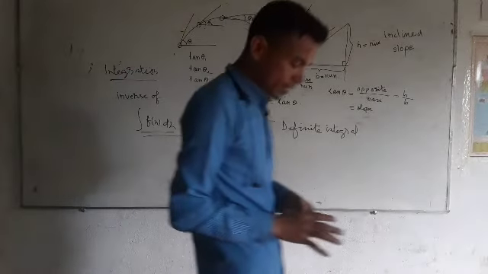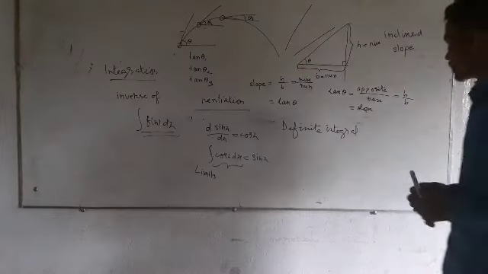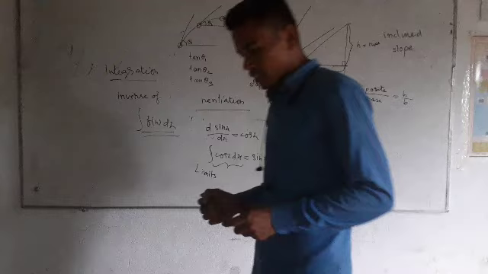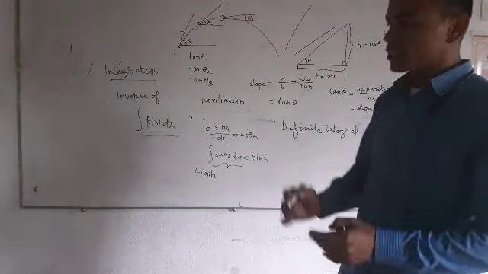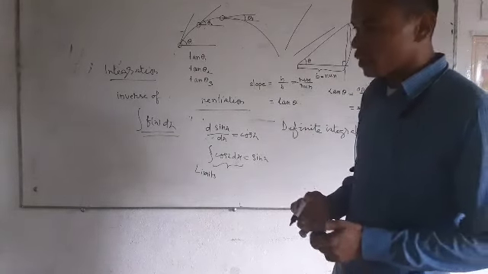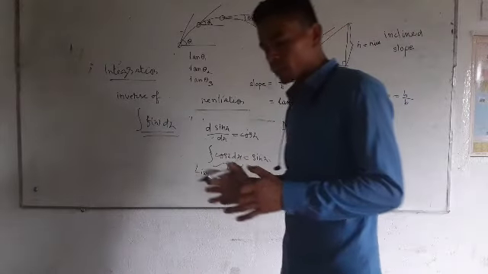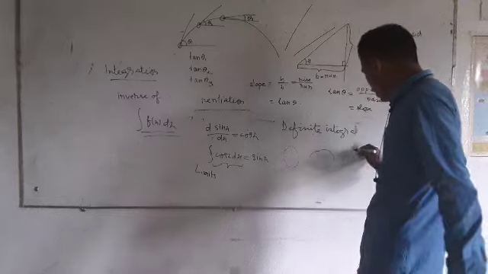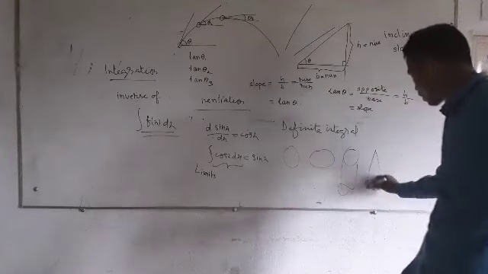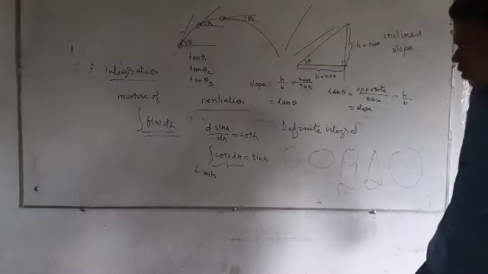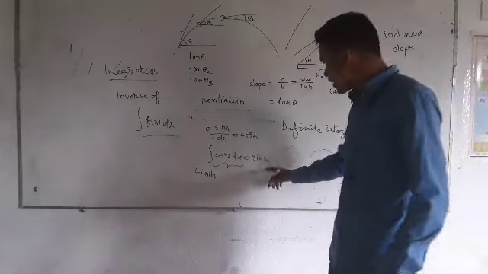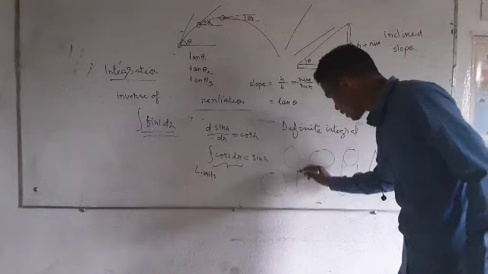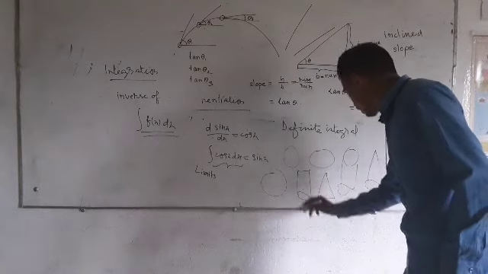Definite integrals are useful in finding areas of circles, ellipses, surface areas of cylinders, cones, spheres, etc. And the definite integral is also useful in finding the volumes of spheres, cylinders, cones, etc.